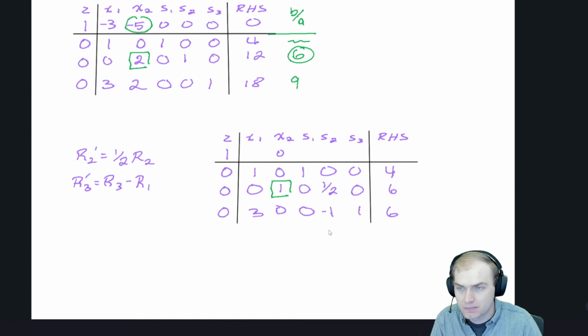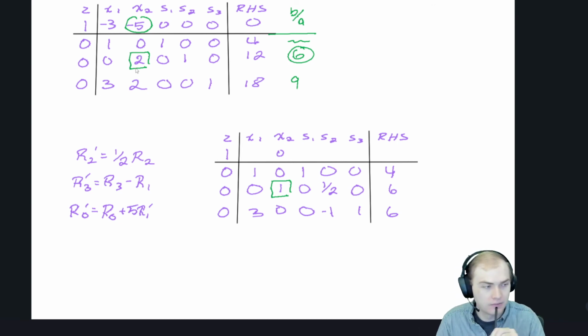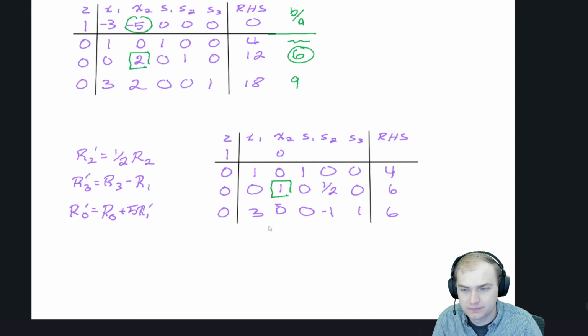Finally, we need the objective row. So row 0 prime is row 0 plus 5 times row 1 prime. Using the prime here because 2 doesn't divide into 5 easily. So I'm just going to use our unit row instead.